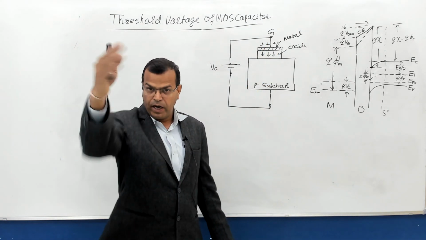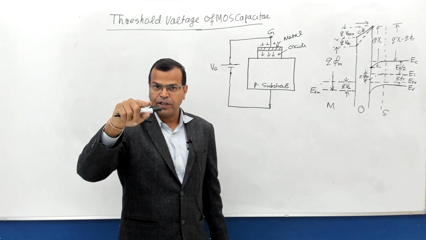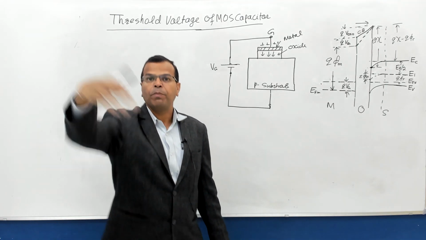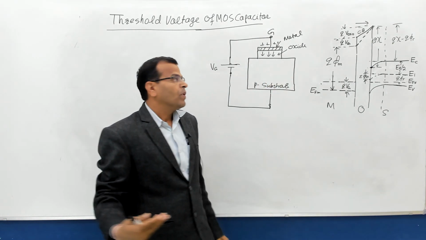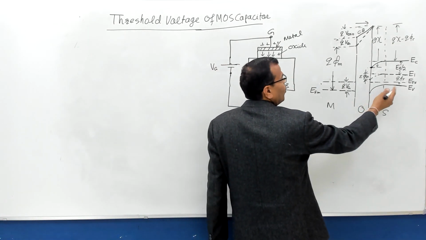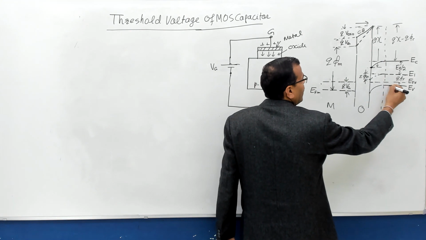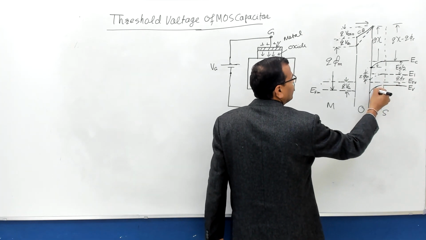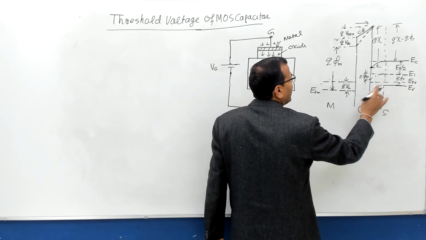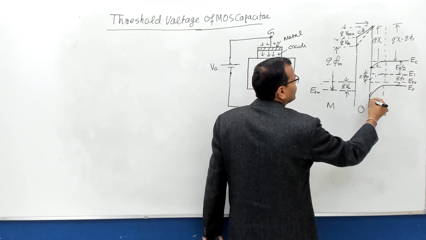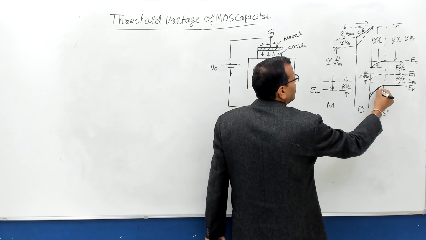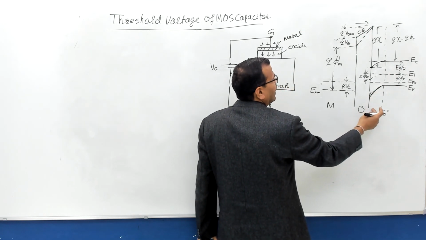When the electric field is directed towards the holes, the holes are repelled away. Holes will be repelled from this region. So in this region, the valence band will shift downward like this. The reason is that the concentration of holes is reducing near the interface between oxide and semiconductor.